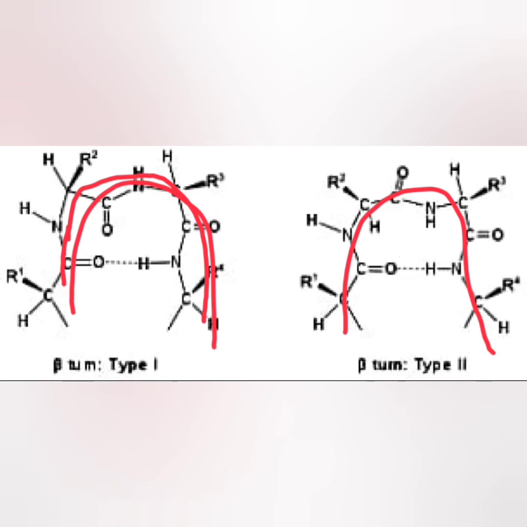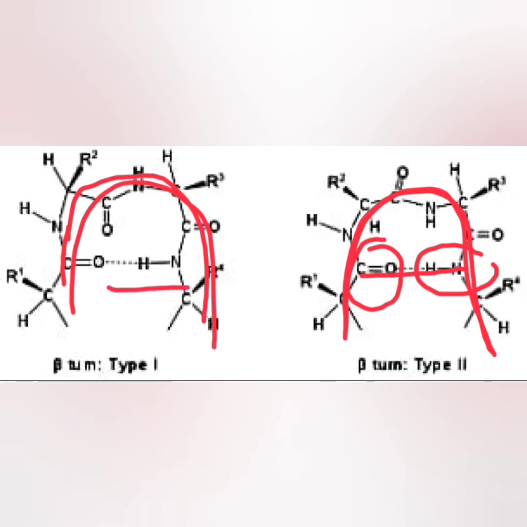In this beta bend or beta turn, you can see a tight loop is formed when the carbonyl group of one amino acid is bonded to the amino group of another amino acid through a hydrogen bond.